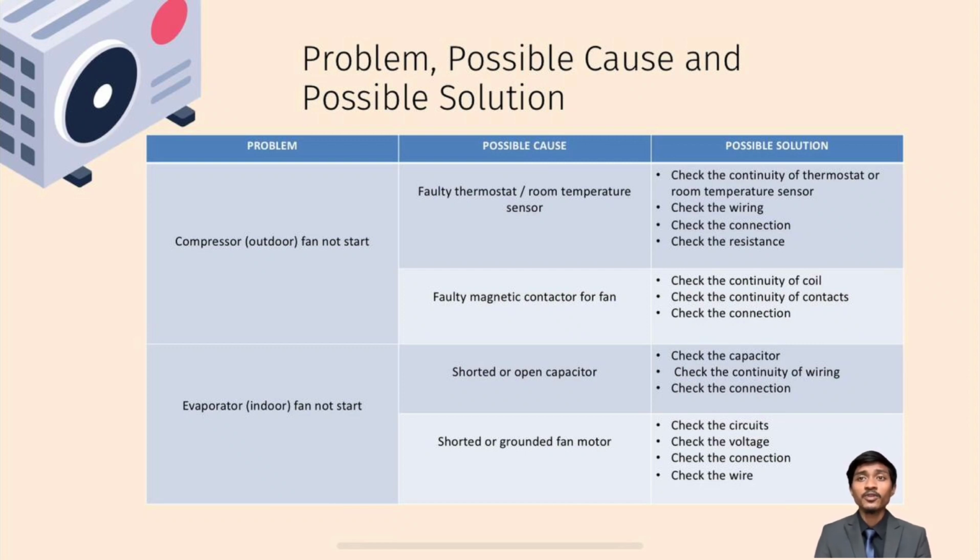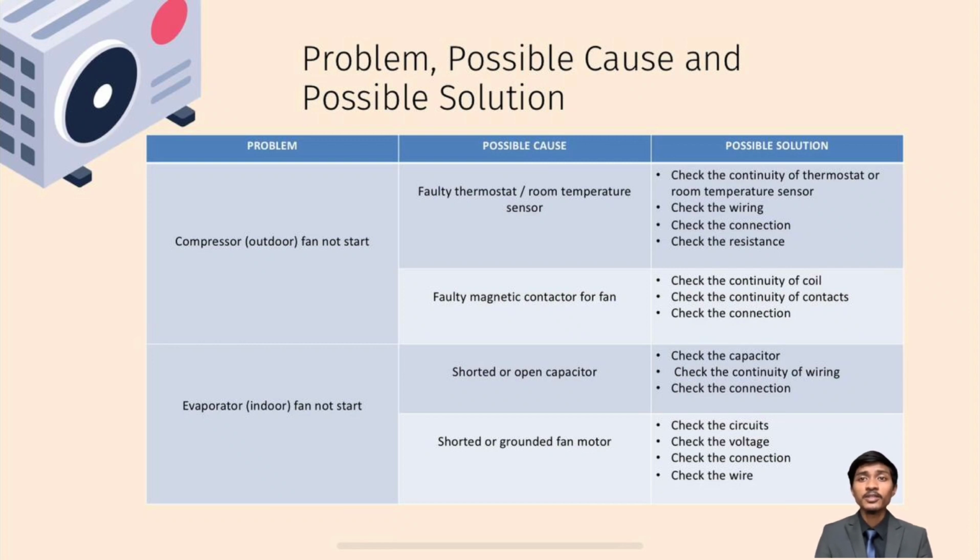Possible solution for faulty thermostat and room temperature sensor is check the continuity of thermostat or room temperature sensor, and then check the wiring, check the connection, and last check the resistance. Possible solution for faulty magnetic contactor for fan: first check the continuity of coil, and then check the continuity of contacts, and last check the connection.